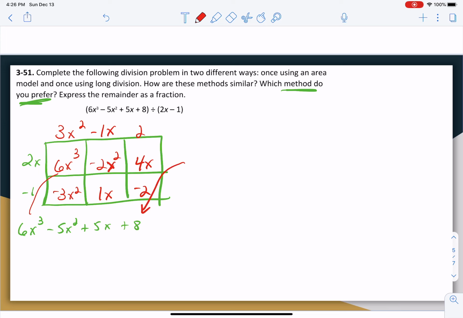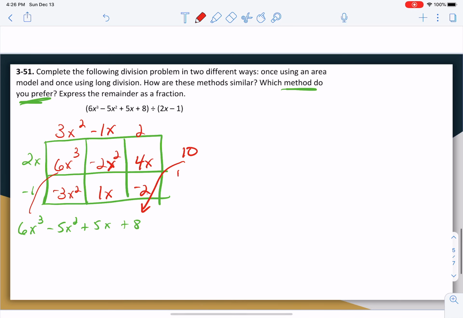So what plus negative 2 gives me 8? A 10. So that's my remainder. So I write my solution as 3x squared minus 1x plus 2 plus a remainder of 10 over 2x minus 1.